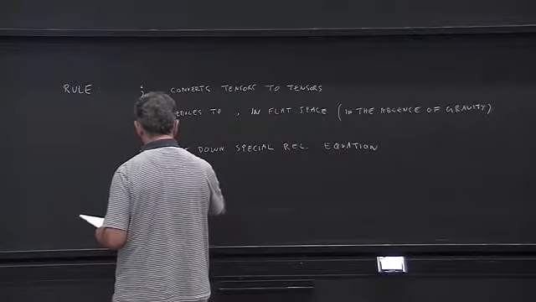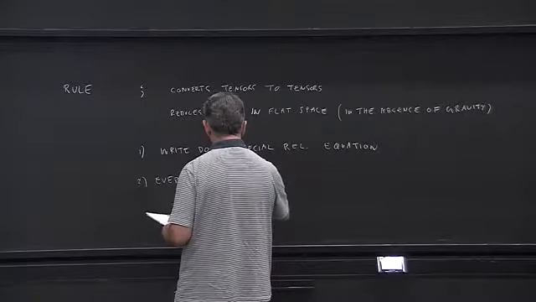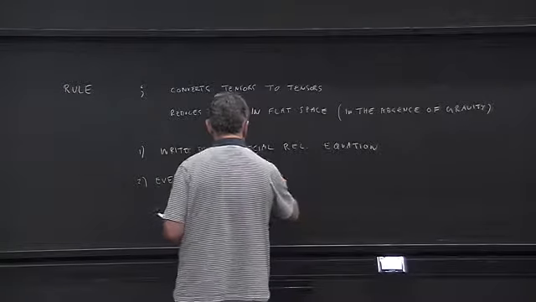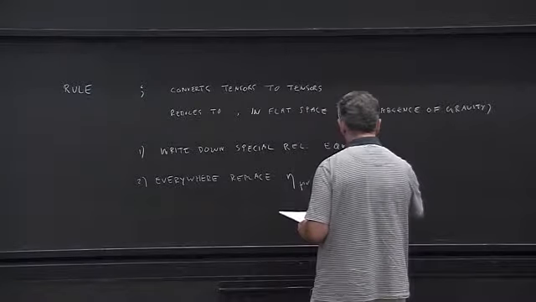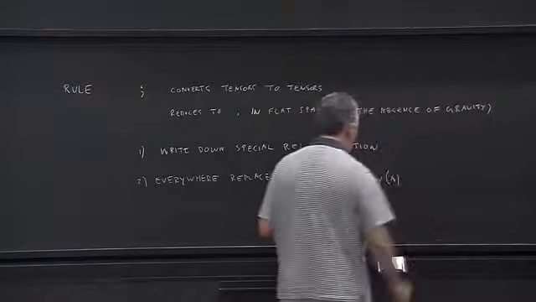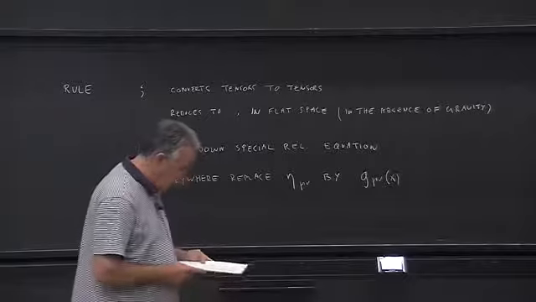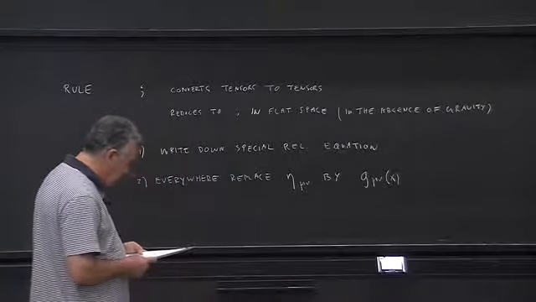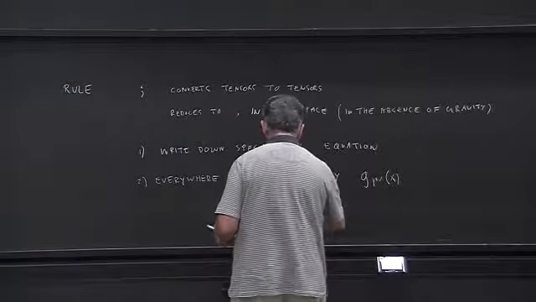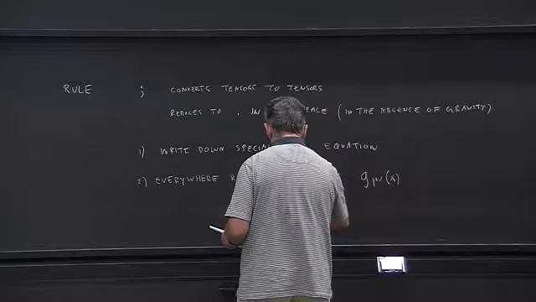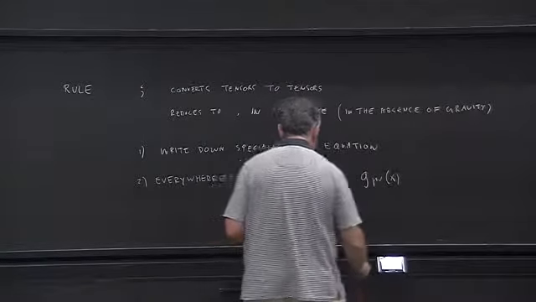Everywhere replace the Minkowski metric eta mu nu by g mu nu of x. And by the way, this is usually called the Riemannian metric after Riemann, 19th century mathematician. And replace ordinary derivatives, which are partial derivatives d mu, or sometimes comma, by semicolon.